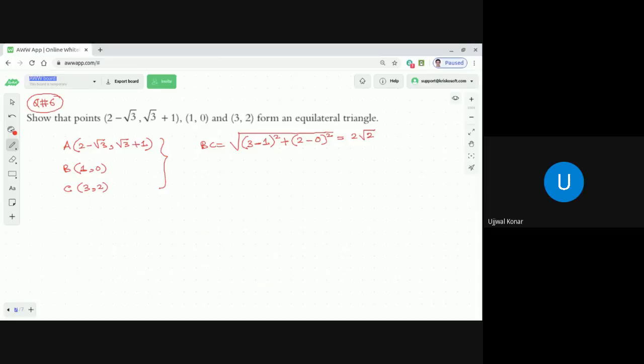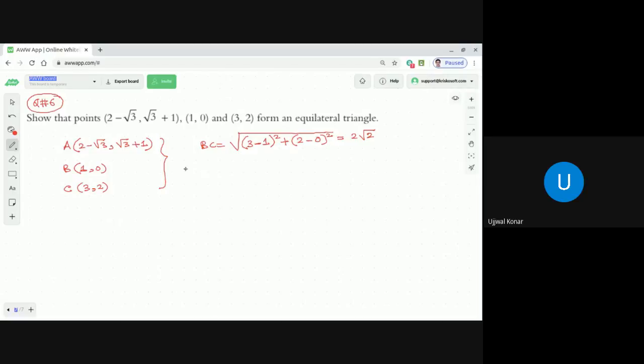Rechecking AB is important because the points are a little complex, like irrational. So that also becomes 2 root 2. Exactly, it has to be correct. That shows that we are on the right track towards proving that it is an equilateral. And also you will find AC should also be 2 root 2.